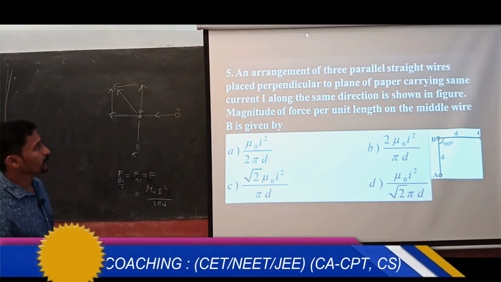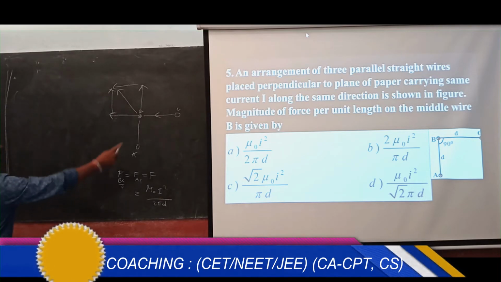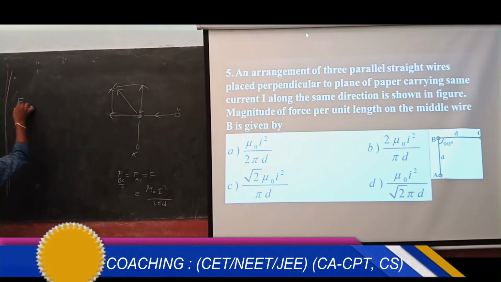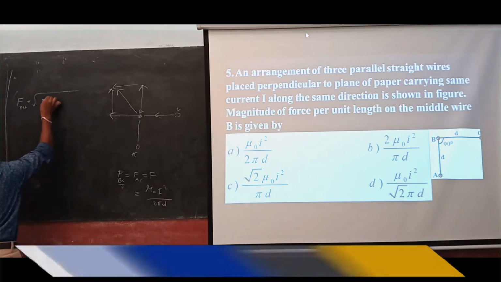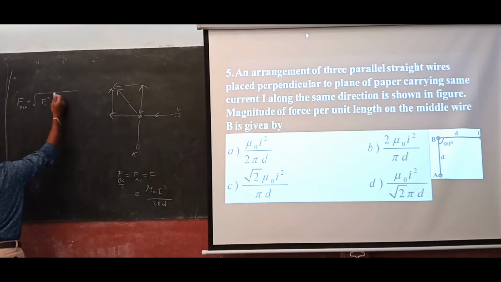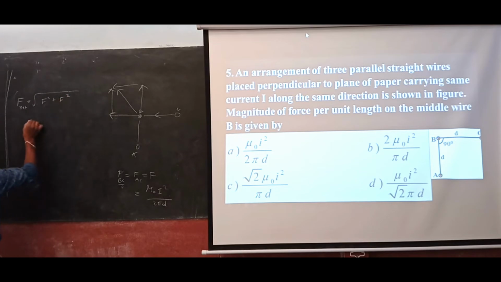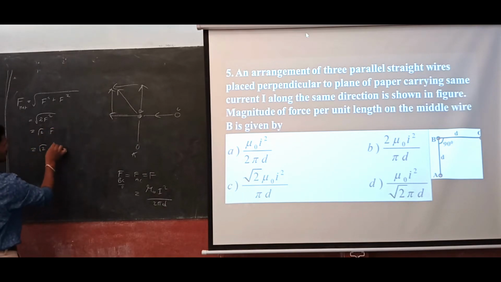So net force is nothing but the square root of F1 square plus F2 square, which is nothing but F, right? So I am going to get 2F square, so I am going to get root 2 F. So root 2 is there, and F is nothing but mu naught I square divided by 2 pi d.